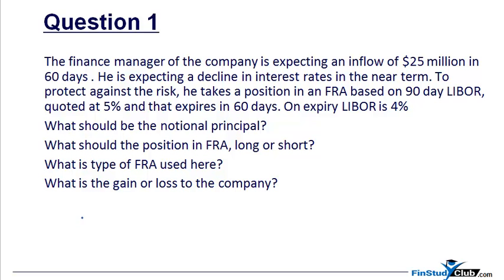So the company is going to receive, so we are on day 0, here we have day 60. This is when the company is going to receive $25 million. And then given that he looks to park that money for a short while, because he's more concerned about the decline in interest rates over the near term, a possible explanation could be that he would look to park this money for, let's say, around 90 days.